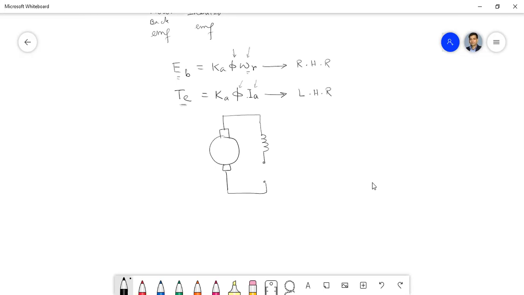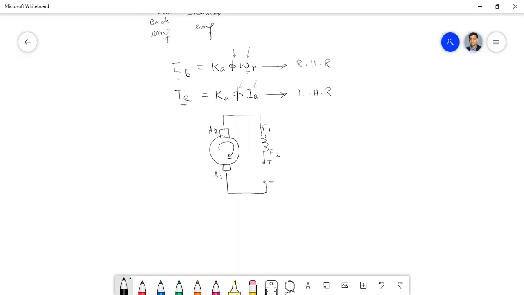So these are the terminals, supply terminals rather. Now with this supply polarity, the DC motor is rotating in this direction.